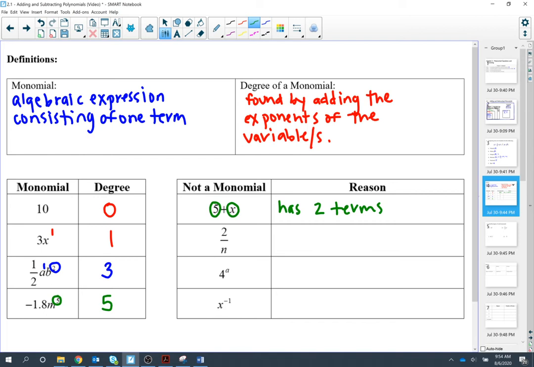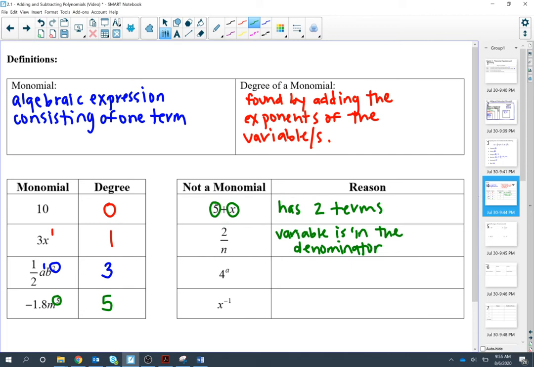The reason here that cannot be a monomial is because the variable is in the denominator. When you're working with polynomials or monomials, you are not allowed to have variables in the bottom. They can only be in the top. Okay, so no variables in the denominator.